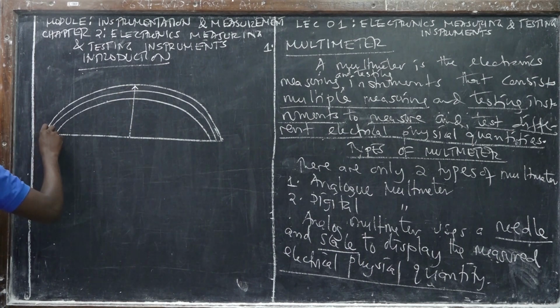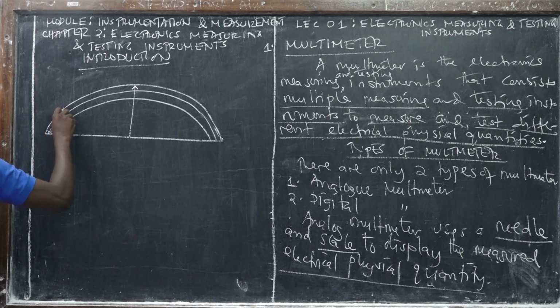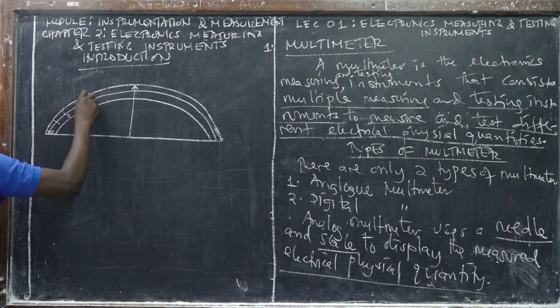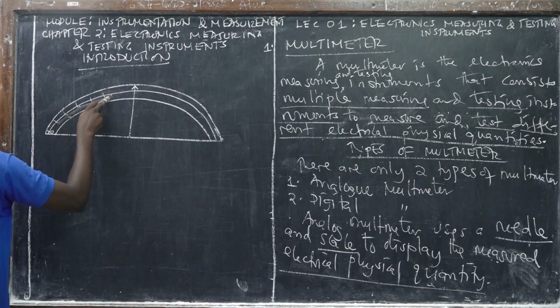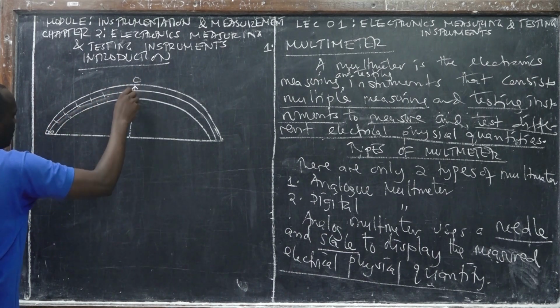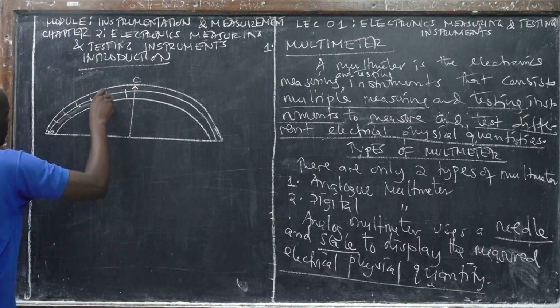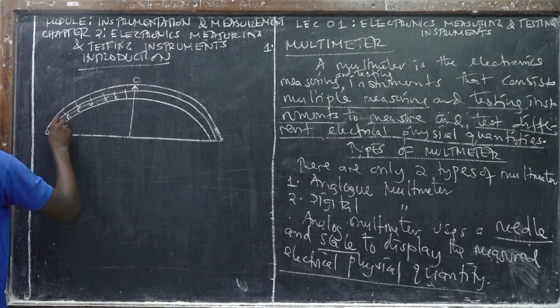On this scale, let's say here we have 0, then 1, 2, 3, 4, 5, 6, 7.